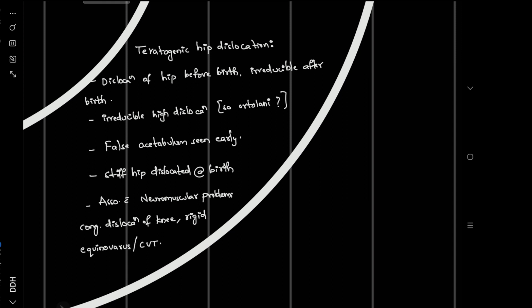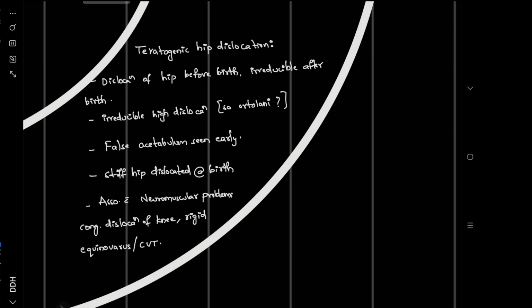It is also associated with neuromuscular problems such as congenital dislocation of knee, rigid equinovarus, congenital vertical talus, etc. In such conditions, if the dislocation is very high, it will be very difficult to reduce it. One of the tests we do to reduce and check whether the hip is dislocatable or not is called the Ortolani test. In the Ortolani test, we try to reduce the dislocation. Here the Ortolani test will be negative because it is a very high dislocation and irreducible.